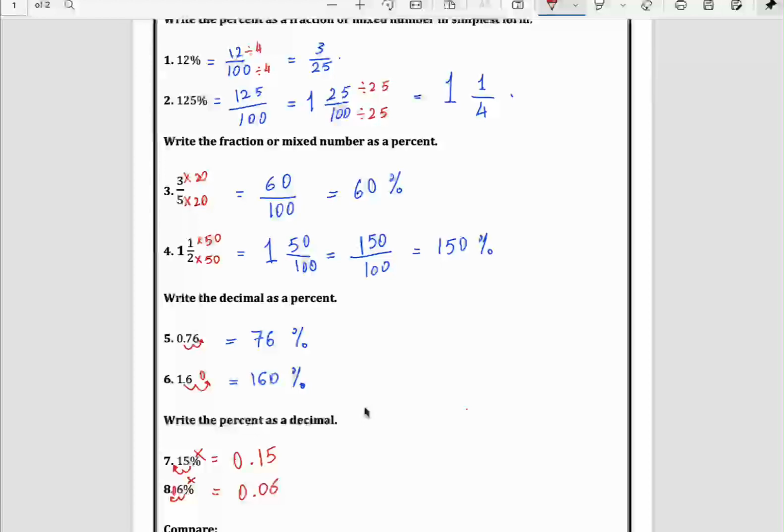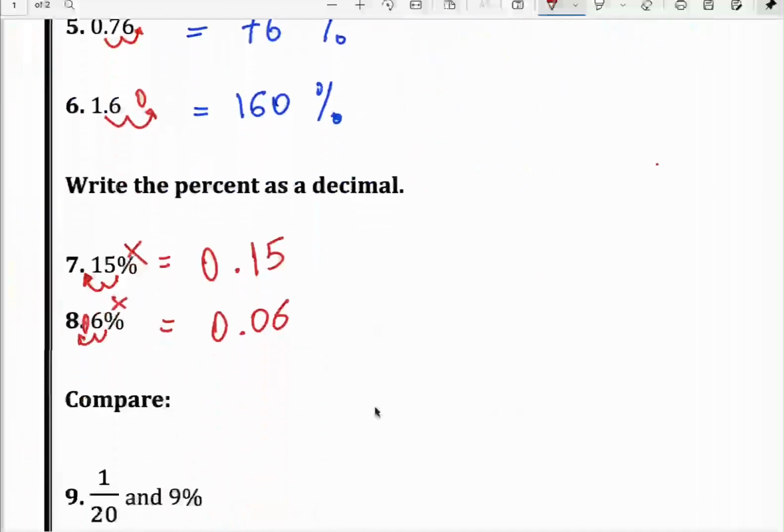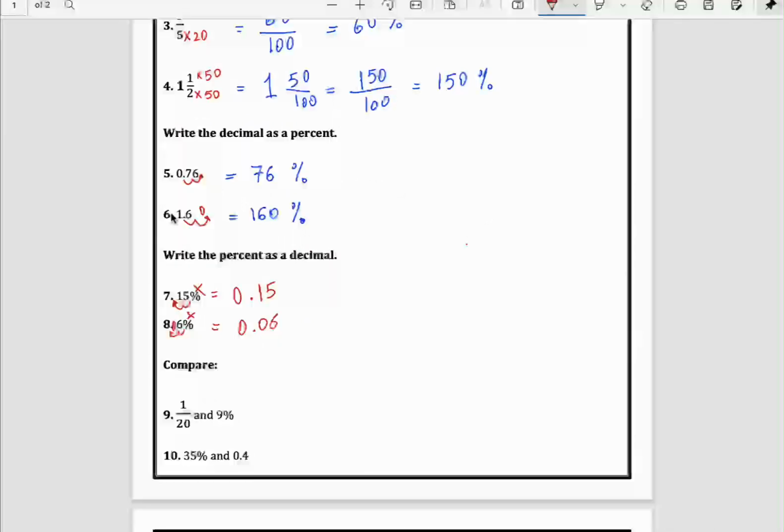When we write the percent as a decimal, like questions 7 and 8, we divide by 100, so we move it to the left 2 digits. But in questions 5 and 6, we multiply by 100, so we move the point to the right 2 digits. Okay, Wafi? Yes, thank you, Mr. You're welcome.